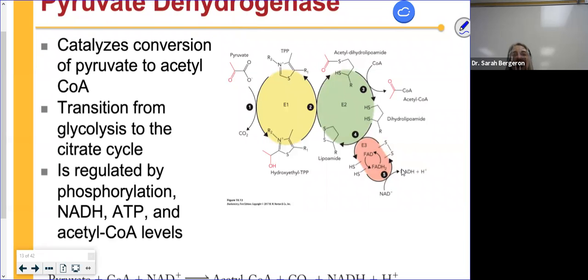No, it's like a feedback mechanism telling us, okay, we've got tons of NADH, so why are we going through the citrate cycle? The same thing goes for ATP levels and acetyl-CoA levels. These are all substrates that tell us we've backed up the system, that too much is being made and we need to slow down, right?